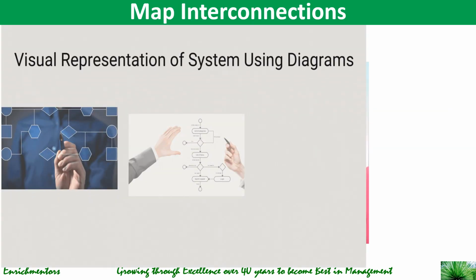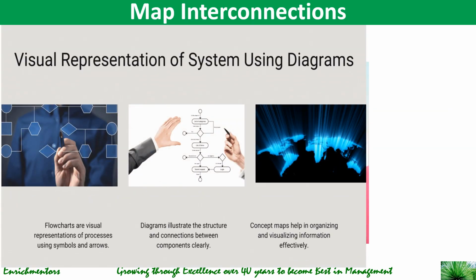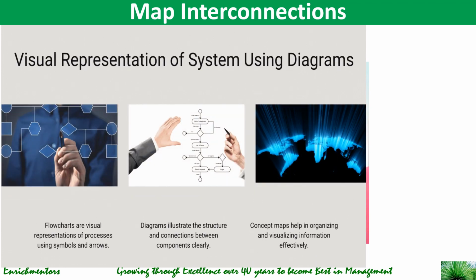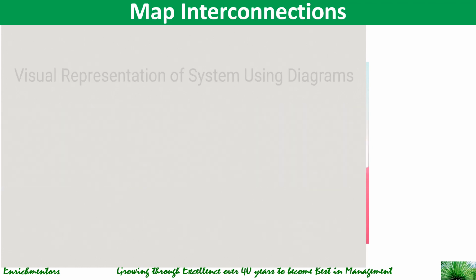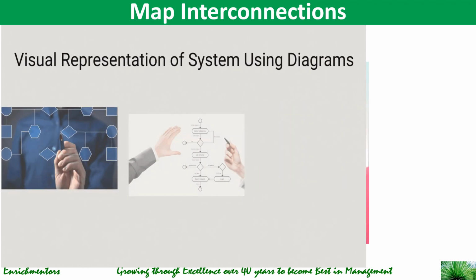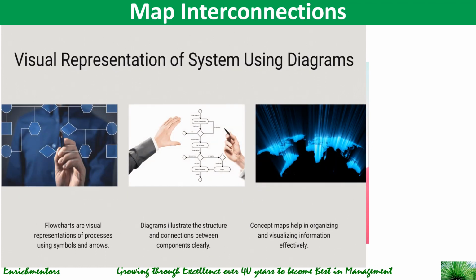Then the second thing we covered in the last section was to map out the interconnections between the system components, including direct and indirect relationships. There we need to consider how changes in one component can influence other components within the system, either through direct interactions or through indirect interactions. Let me quickly summarize how to map these interactions.